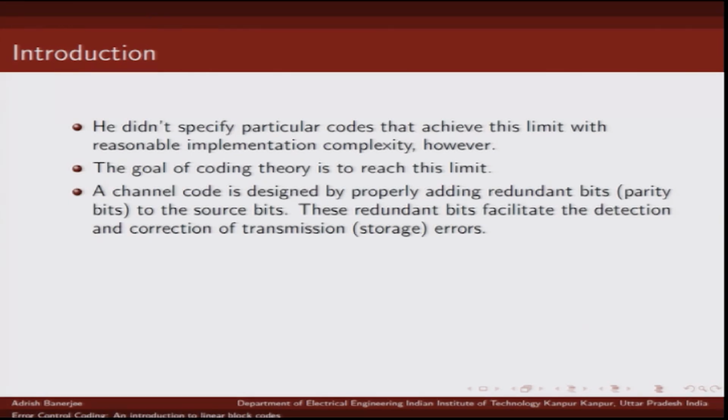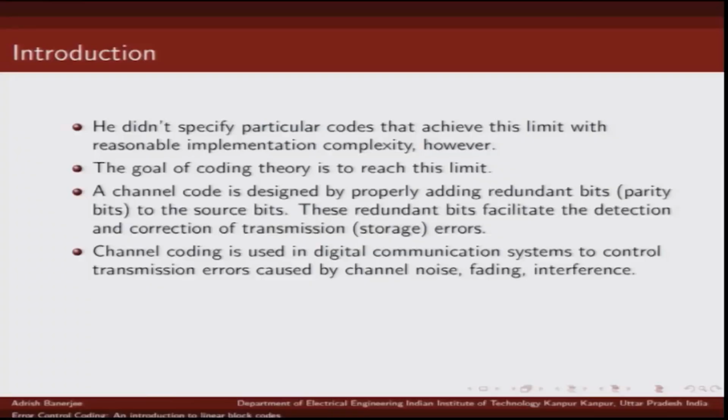We use these additional redundant bits to detect and correct errors. Error correcting codes have a wide range of applications in digital communication and storage. I have listed a few of the uses.